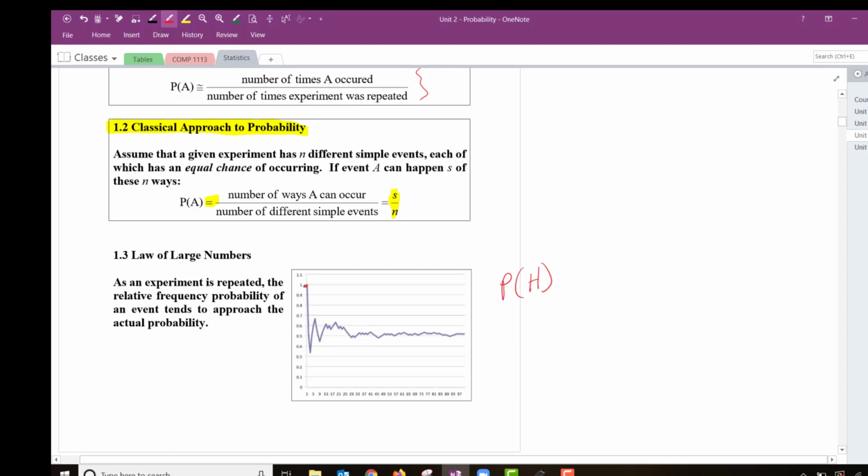Then I flipped it again and I got tails, and then heads and tails and heads and tails, and I just kept track of the total number of times I saw heads out of the total number of times I flipped the coin. At the beginning, it's very volatile, but after a while, it starts to stabilize and get very close to the theoretical value of getting a head, which is 1 out of 2, or 1/2. So we will use this law of large numbers as we go along, whenever we're making estimates of probability.